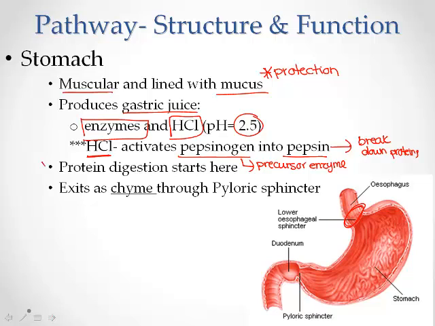So key here, protein digestion begins in the stomach. No fats and no carbs are digested in the stomach. Only proteins are digested in the stomach. The bolus turns into chyme, and the chyme is going to exit by the pyloric sphincter.